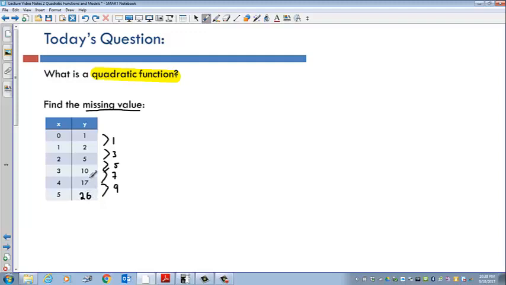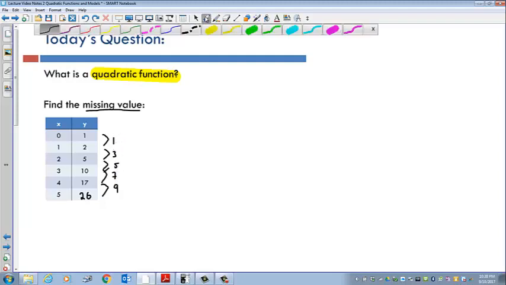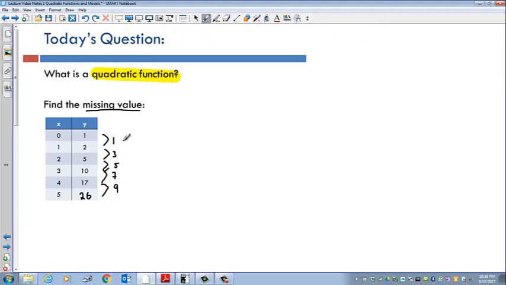So what's happening here is that each time, it's not changing by the same number, but it's changing by a set of numbers that definitely has a pattern. And what's that pattern? If you think of the difference between these numbers here, you'll see that they all differ by 2.